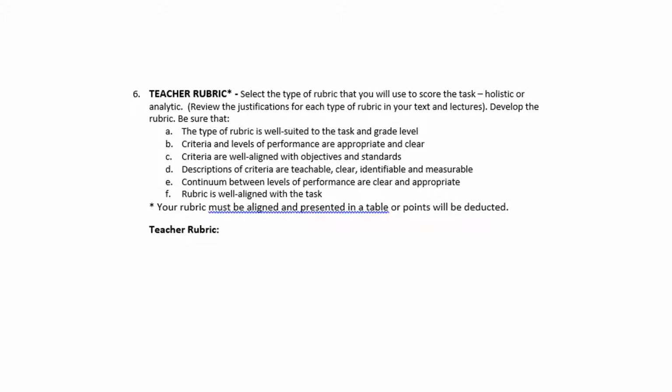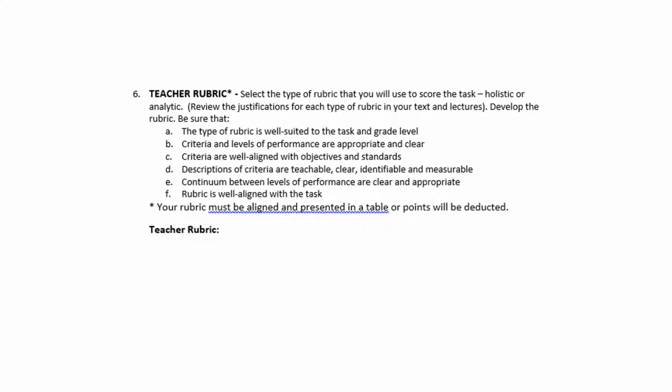Next, you're going to develop 2 rubrics to grade or assess the student's work. The first is a teacher rubric. By teacher rubric, I mean the rubric you're going to use to assess the student's work. It can either be holistic or analytic. You should look at your textbook for the justifications of when you would use each, because you're going to have to cite your textbook.